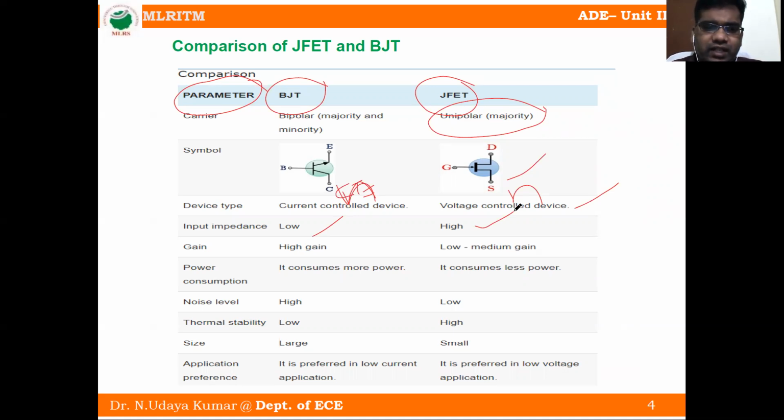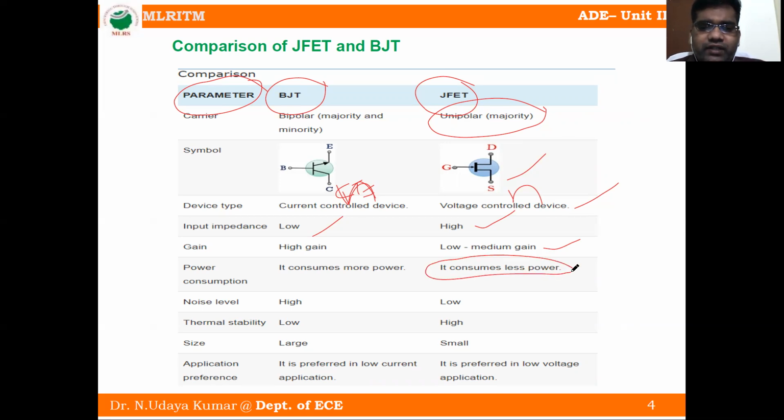We will see later. Gain is high in BJT and low to medium in FET. Power: BJT consumes more power, whereas FET consumes less power. This is the main advantage.